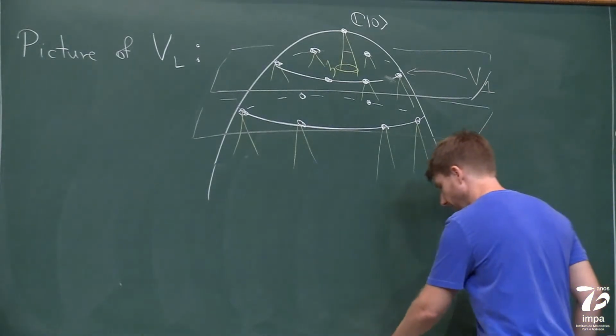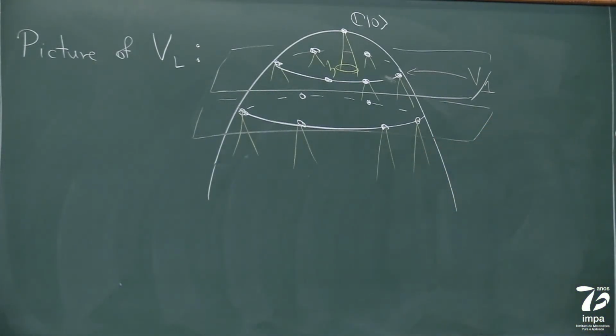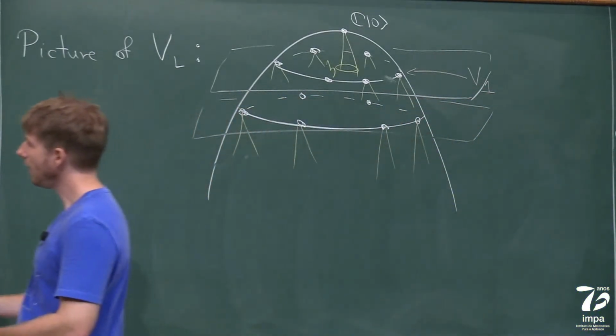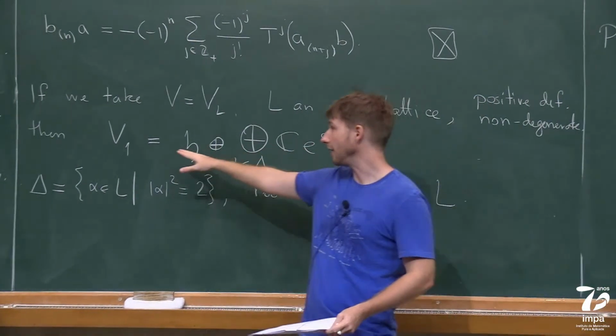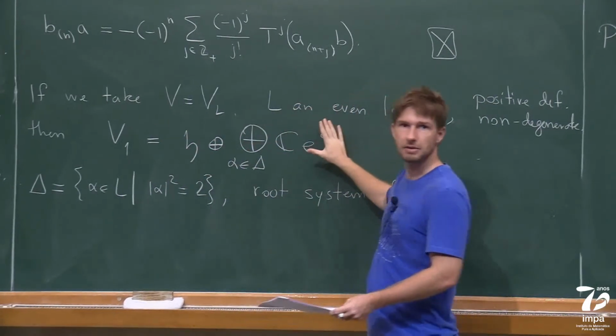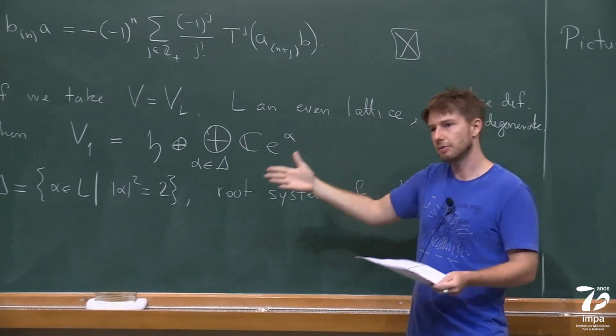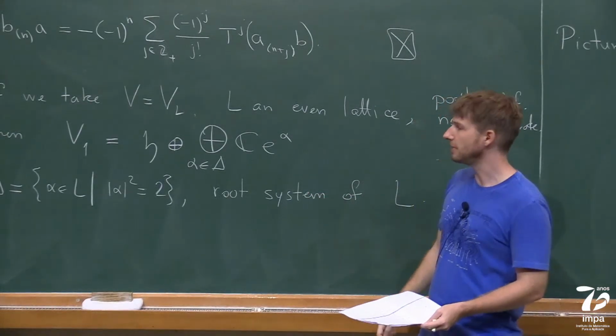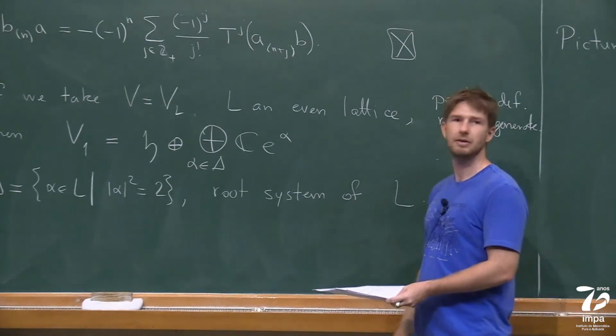Okay, so you can probably see where I'm going with this. Suppose we took L to be the root lattice of some finite dimensional simple Lie algebra. Then we're recovering a Lie algebra from this lattice construction, and the fact is it's going to be a simple Lie algebra, so it's in fact the Lie algebra that you began with.